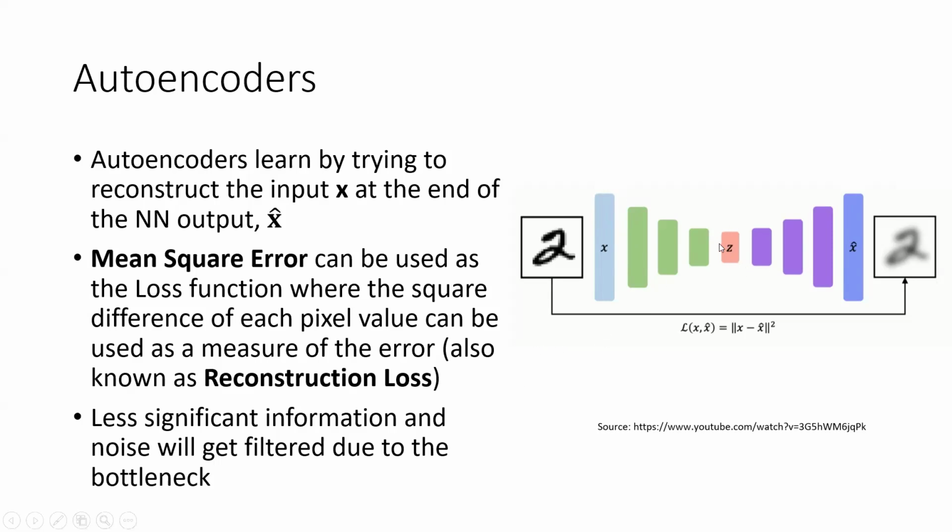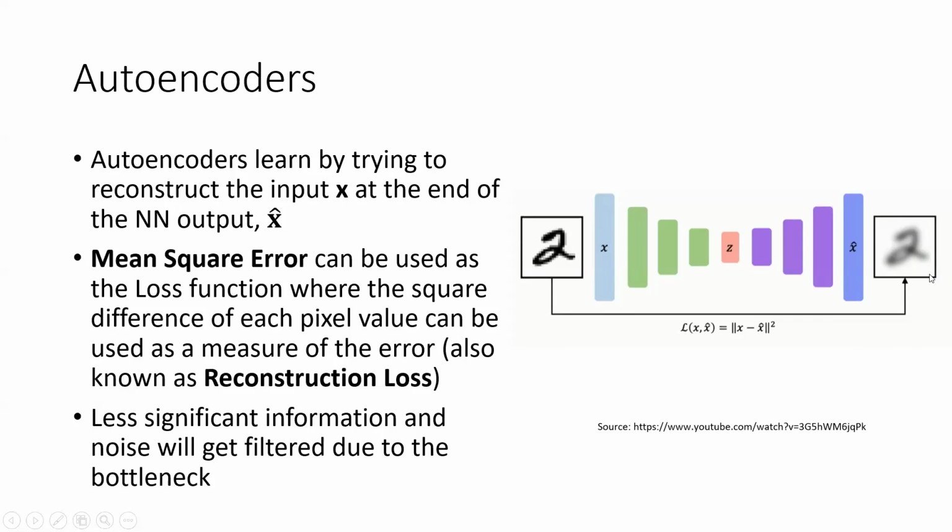Right? Only the most significant information would be preserved in this Z vector. And here we can expand the Z vector one layer by one and try to recreate the X vector. But there may be some information lost. That's why you can see this image is kind of blurred when it is returned from the autoencoder as the X hat output. But it is kind of similar.